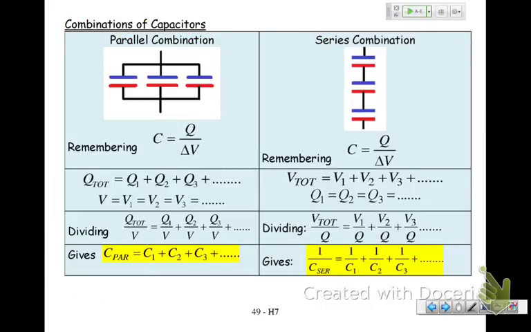So next little thing, bit of a change of pace. The world being the way the world is, they're not going to make a million types of capacitors. So you buy a standard size capacitor, and then you've got to try and get the capacitance that you want. So you're going to be combining capacitors, and you're trying to make the capacitor either bigger or smaller.